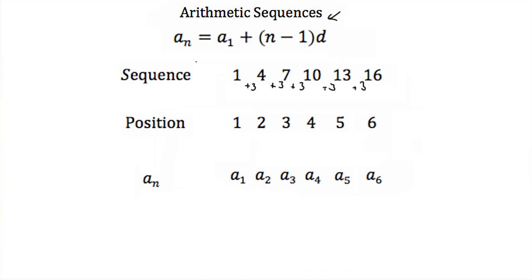Now what does that mean? Well, our n is simply our position. So the number 1 in our sequence is in position 1. The number 4 is in position 2. The number 7 is in position 3, and so on. A1 then is simply equal, in this instance, to 1.